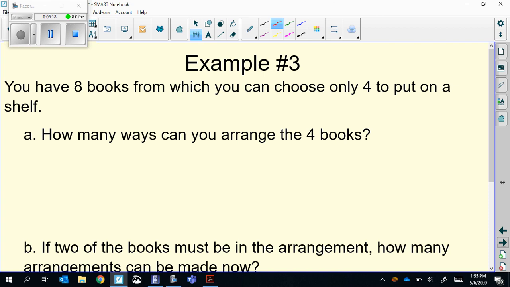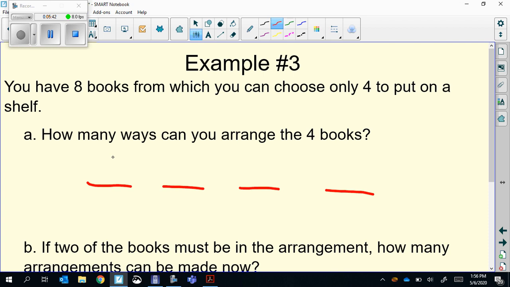All right, you have 8 books. You can choose only 4 to put on a shelf. How many different ways can you arrange the books? Strange question, but the idea here is you can't put the same book up there twice, so that would be like no repeating. We're only putting 4 books up there, so we'll put 4 spots. So now we're just going to think through it.